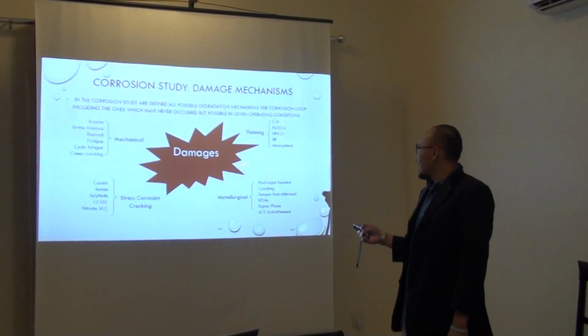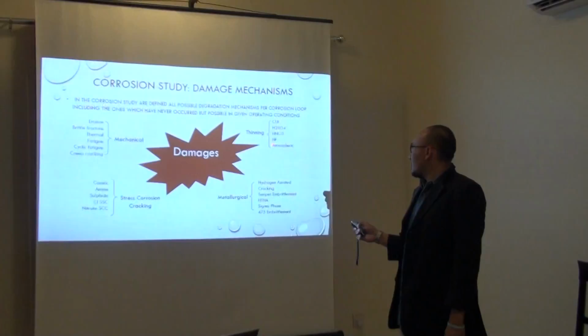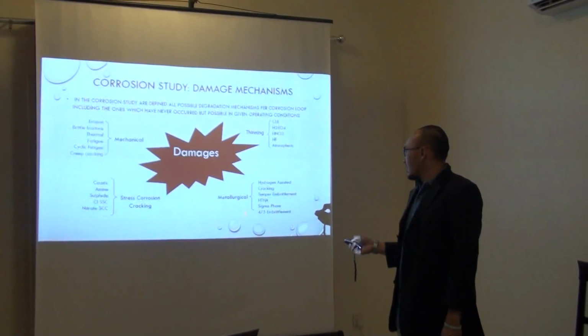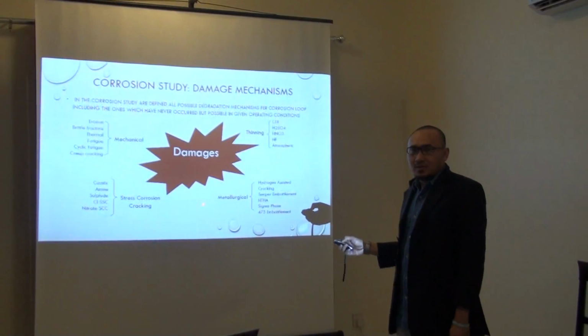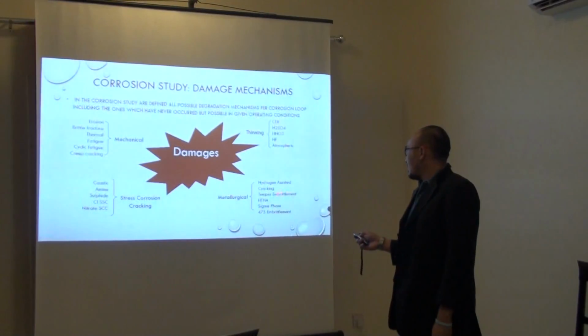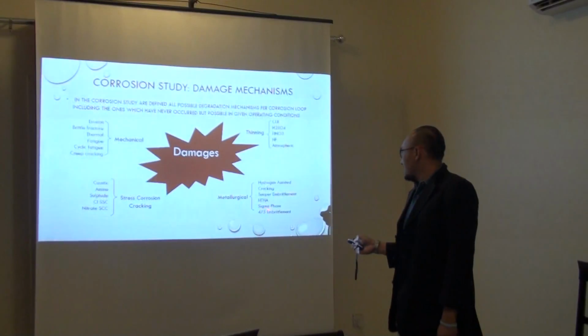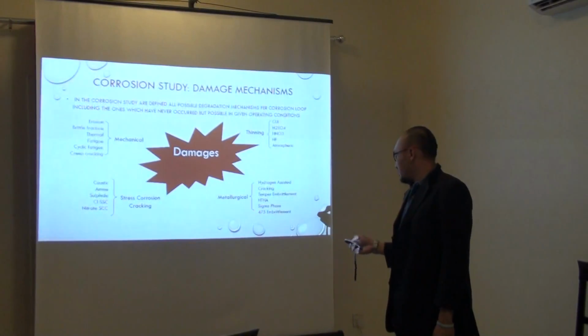Damage from thinning is also available from CUI, S2, SO4, and the atmosphere. And damage from metallurgy we can find as hydrogen assisted cracking, temper embrittlement, sigma phase, and 475 degree embrittlement.